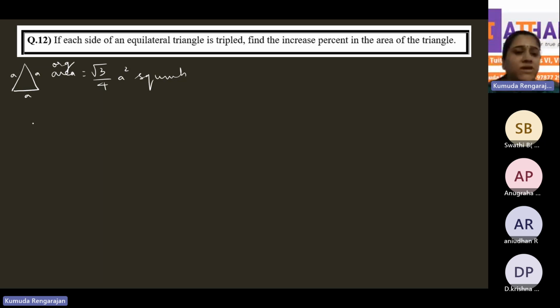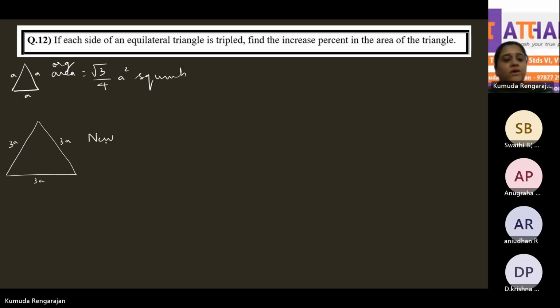Now what's happening? The sides are tripled, so the triangle is bigger now. The sides are 3a. What's the new area? The new area will be √3/4 into the new side square.